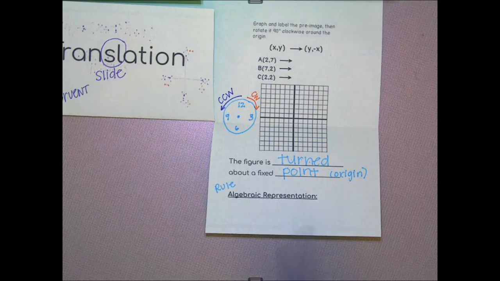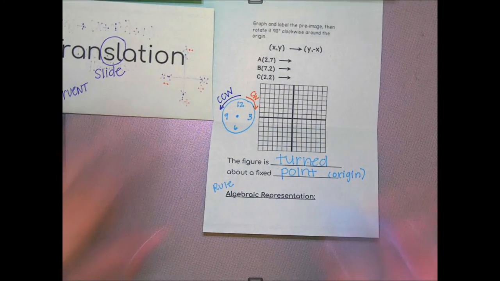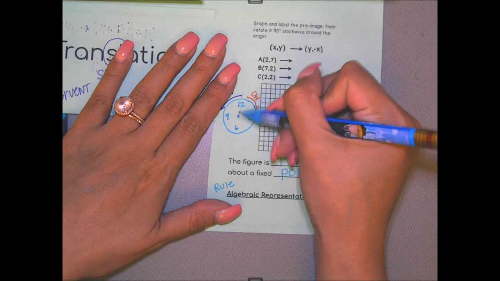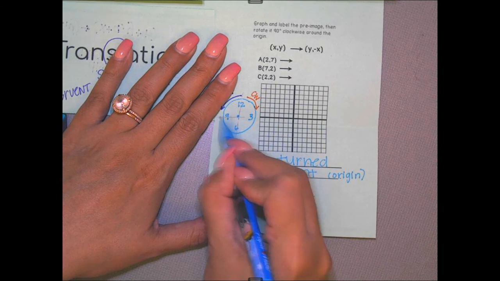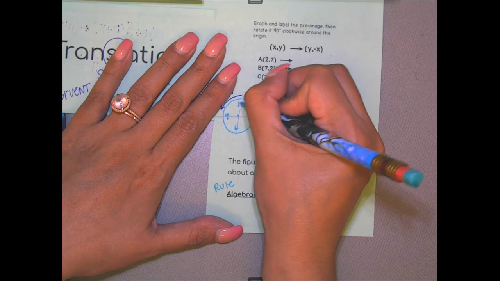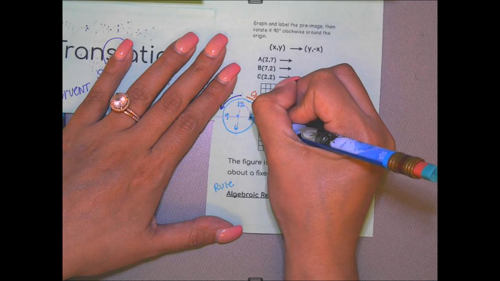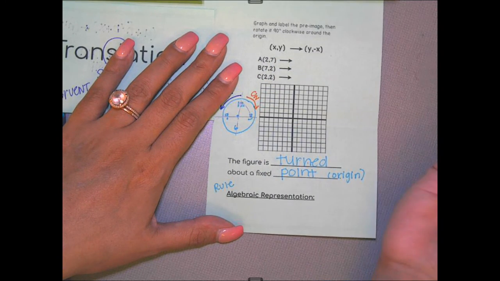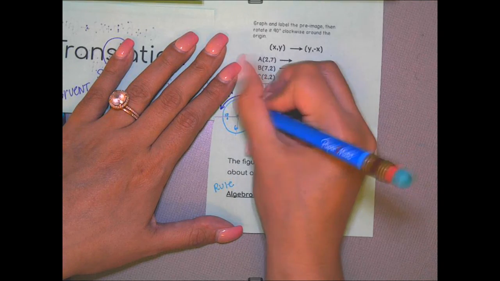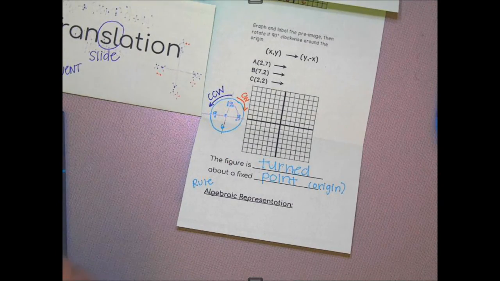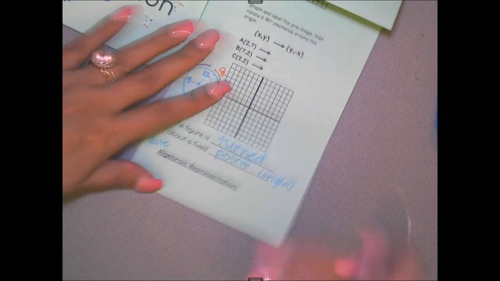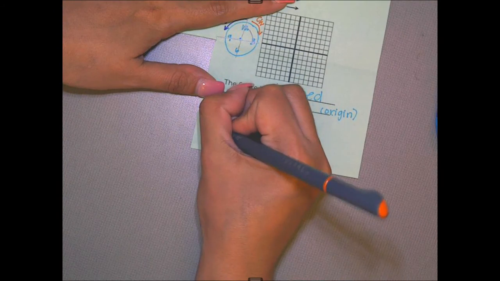Now, if I went ahead and drew a coordinate plane through my clock, if I start here at the 12 and I go 90 degrees, I would end up at the 3 if I went in the clockwise direction. So I'm going to write down for my rule 90 degrees clockwise.